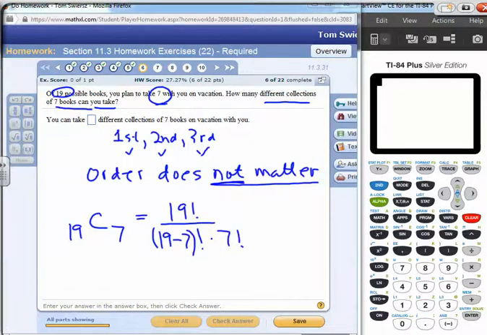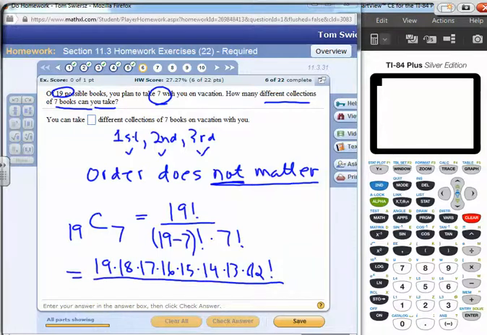Again, you can do it on your calculator. If you're going to do pencil and paper, you've got 19 times 18 times 17, 16, 15, 14, 13, and then times 12 factorial. The reason I do that, because 19 minus 7 is 12 factorial, is that those will cancel.